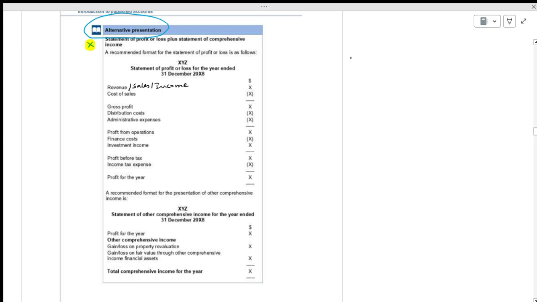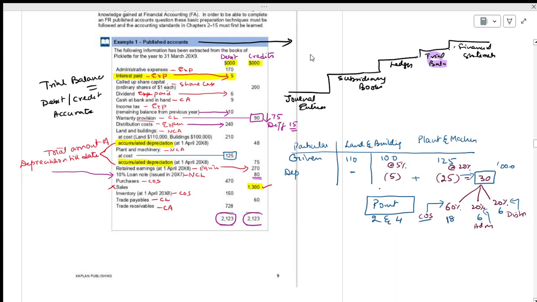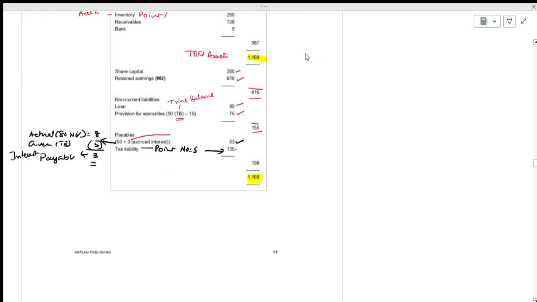In some cases it is given as sales, in some cases revenue. If you take the bank, it is interest income. What is the first thing we start with?